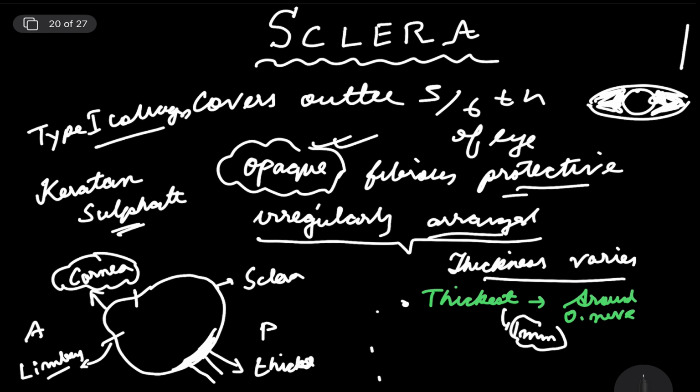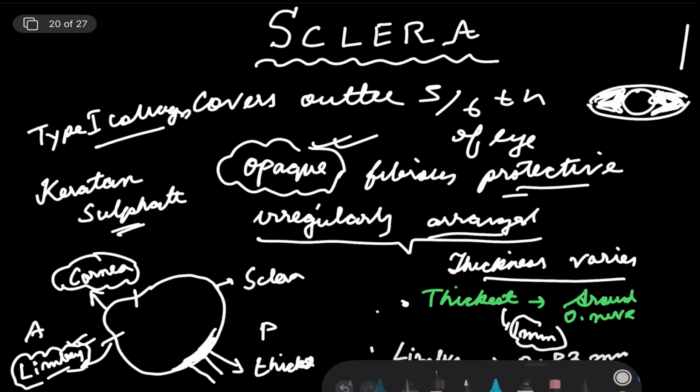Now how much is the scleral thickness in the limbal portion? In the limbal portion, there is a sclerocorneal junction or limbus. What is the thickness of the sclera there? At the limbus, it is neither the thinnest nor the thickest, but rather an intermediate value, that is approximately 0.83 millimeters.